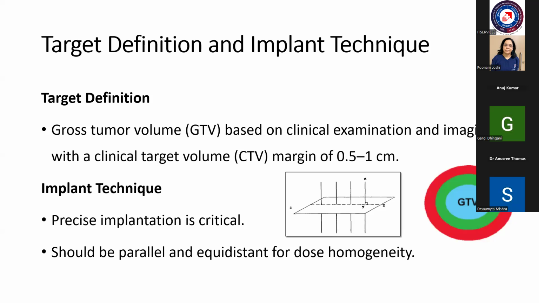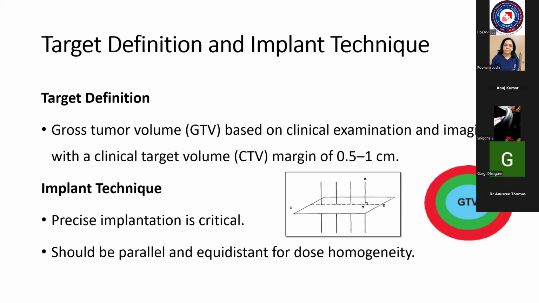Here in brachytherapy, we again have the gross tumor volume, which is the gross disease that we can see based on clinical examination and imaging. We should also give a margin for the microscopic spread of the tumor, which is about 0.5 to 1 centimeter. So it is not that we treat the gross lesion alone. We have to give adequate margins and call that the clinical target volume and treat that area well.